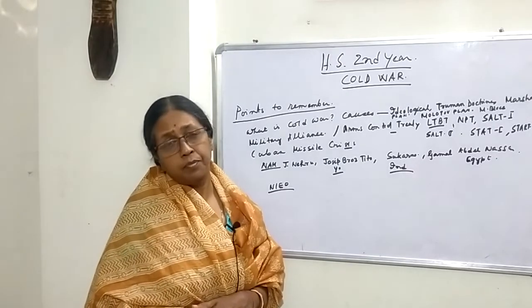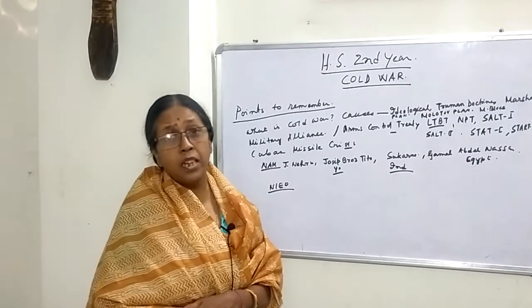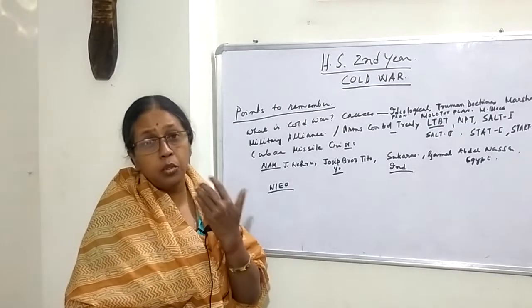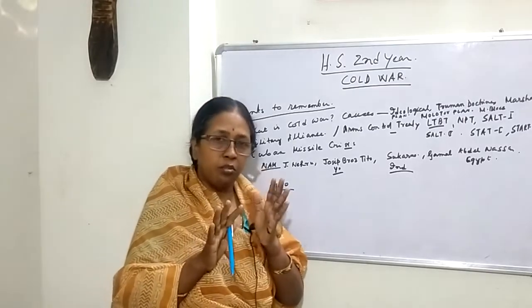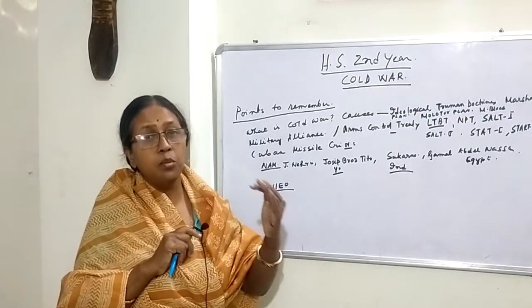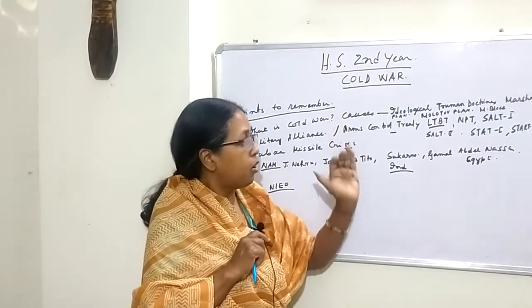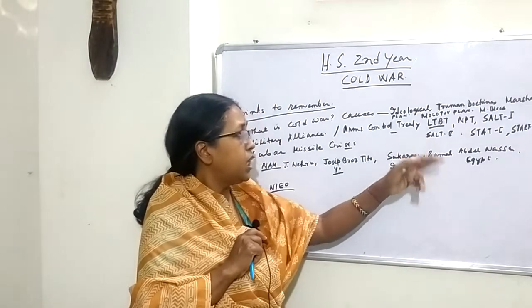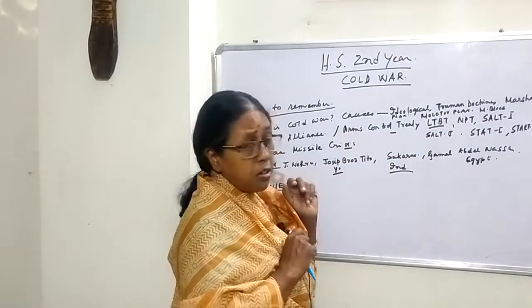So if the Cold War turned into a hot war, and they used nuclear arsenals and armaments, then the whole world would be destroyed. Both America and Soviet Russia were aware of that fact, that no one can use nuclear power. And that is why, though they were not enemies of each other, they took the initiative and signed many arms control treaties.